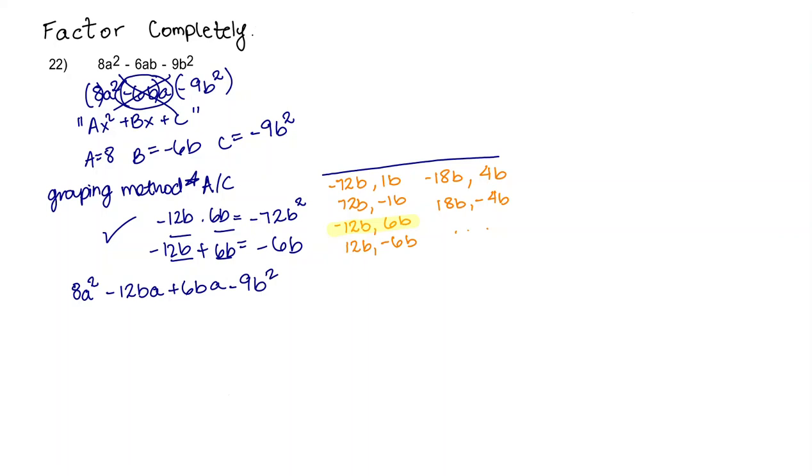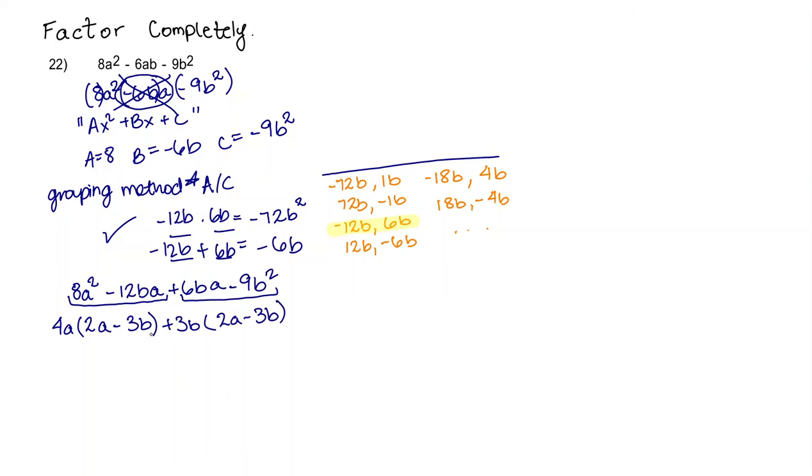Now I have 4 terms, and I'm going to factor by grouping. So to factor by grouping, I'm taking the GCF out of the first 2 terms, which in this case is 4a, leaving me with 2a minus 3b. And then I'm taking my GCF out of the next 2 terms, which in this case is positive 3b, leaving me with 2a minus 3b.